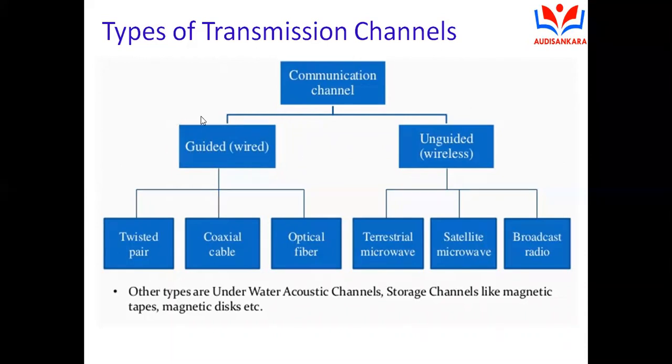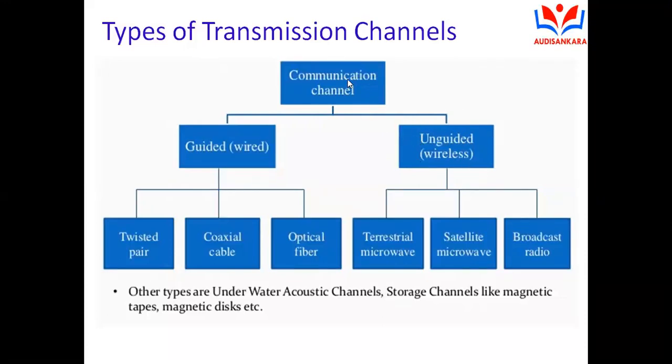Such a type of connection is referred to as guided transmission media. Whenever the distance from the transmitter to the receiver is long, there is no physical path, and the entire information propagates in free space. That is nothing but the unguided transmission medium, referred to as wireless.